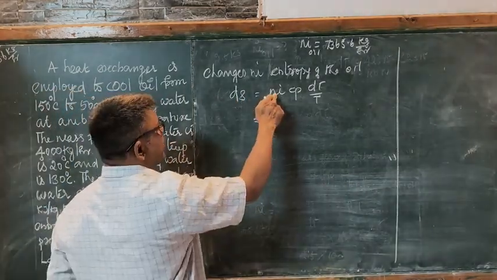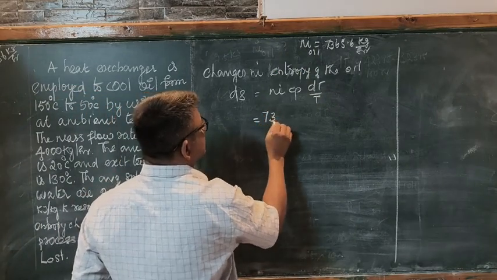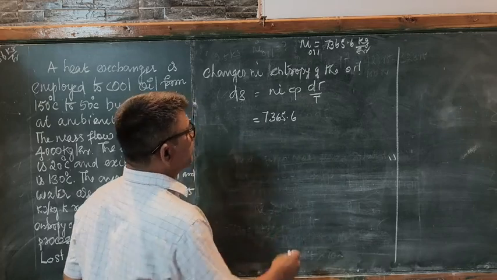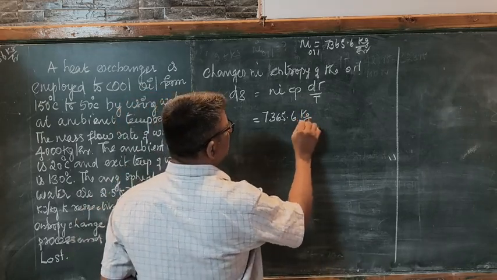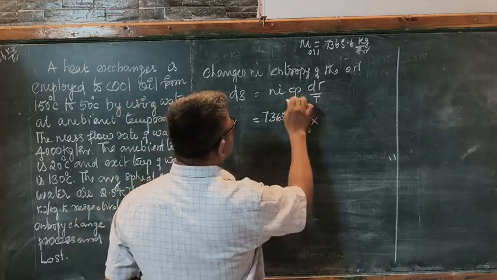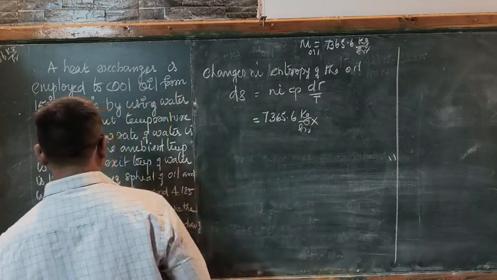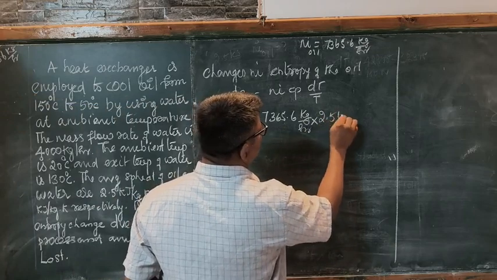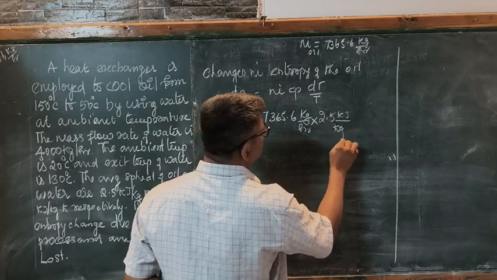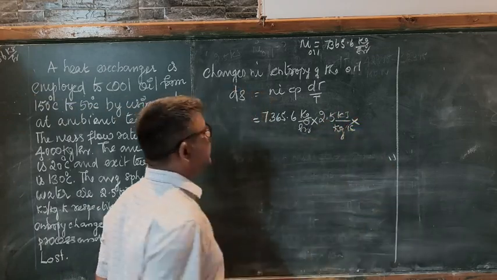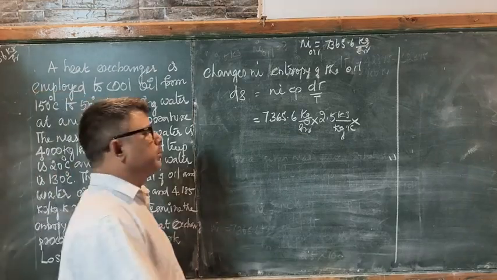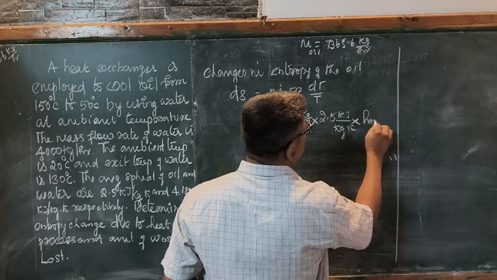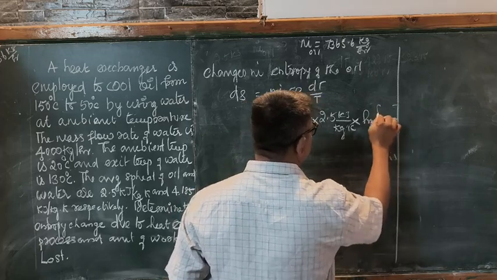So the mass flow rate of oil, just now predicted, is 7365.6 kg per hour, into Cp of oil, 2.5 kilojoules per kg degree Kelvin, into, on integration, 1 by T into dT. So ln of final temperature to initial temperature.